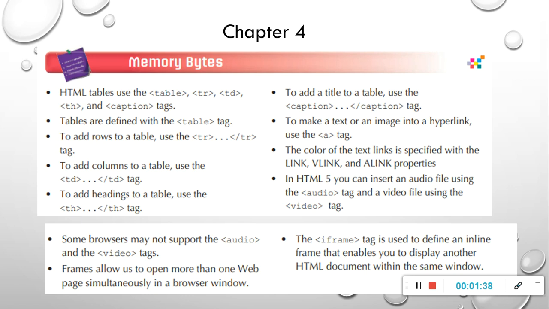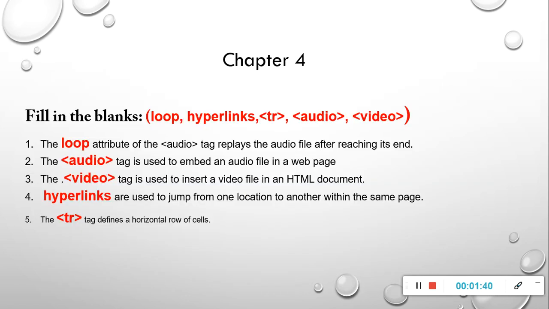After the memory bytes you need to learn the fill in the blanks. All the fill in the blanks are given here. You have to learn them. Whatever text is in red color is your answer.